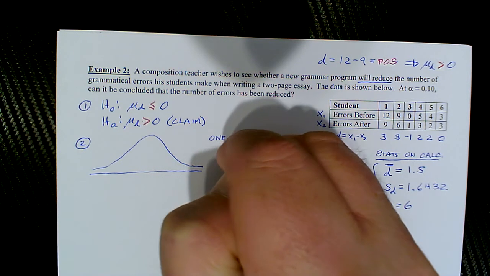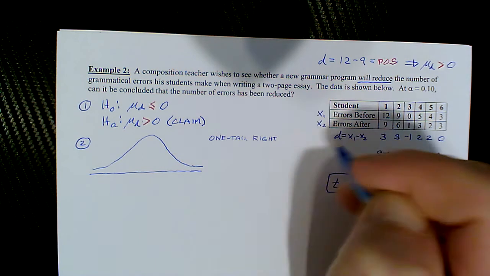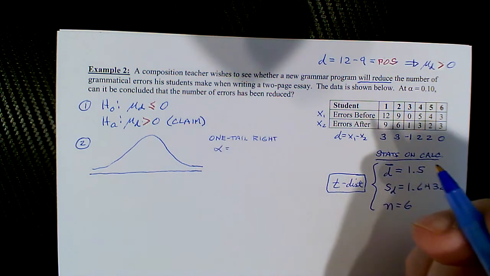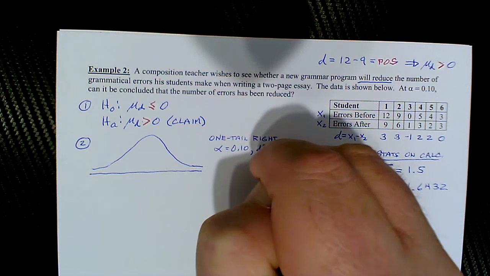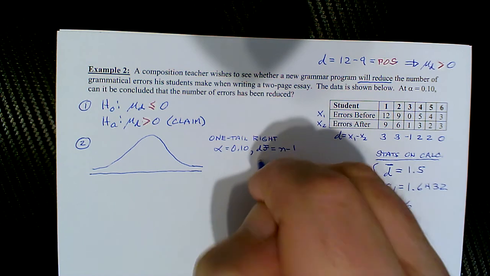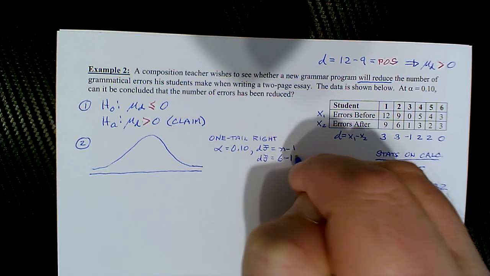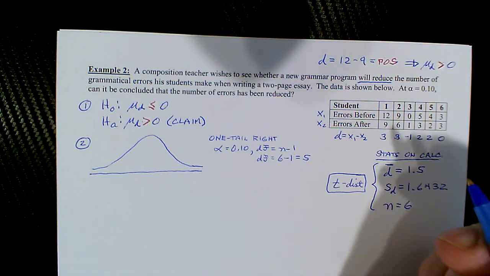So it's a one-tailed right test. The value of alpha was given to be 0.10. Our degrees of freedom, n minus 1. N is 6. So 6 minus 1 is 5.